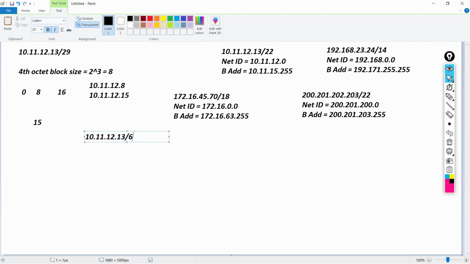If the block size is smaller, then how can we calculate the network ID and broadcast address? Is there an easier way to reach the exact network?